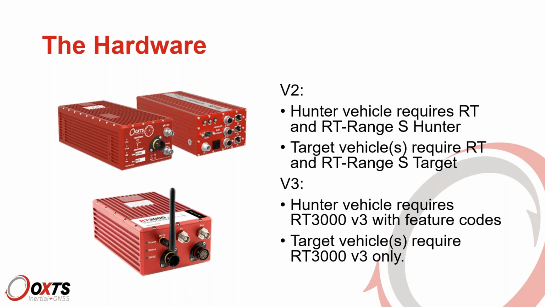The RT3000, which contains the inertial sensors and the GNSS receivers, which would measure the position and dynamics of the vehicle. And then a separate RT range hunter box and target boxes for the target vehicles, which took the navigational messages from the RT and the hunter and target vehicles and processed them, the measurements from them to output range measurements.